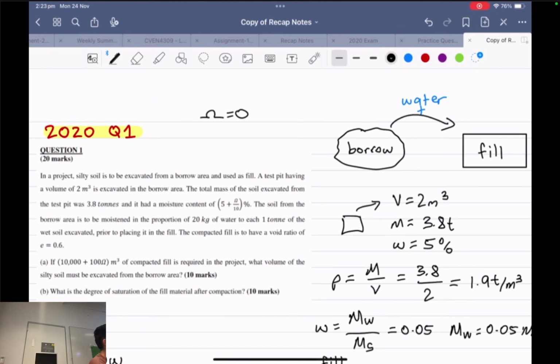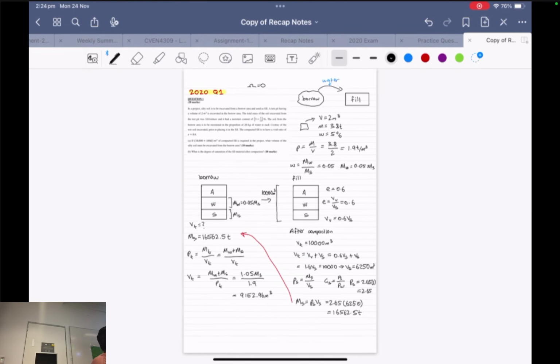Omega, oh, that's just like, this was done online, so you have to use your ZID, but we took omega to be 0. So we're just using 5% for water content. But I didn't do that in the first one, right? No, I don't think so. Alright, is everyone good with that?